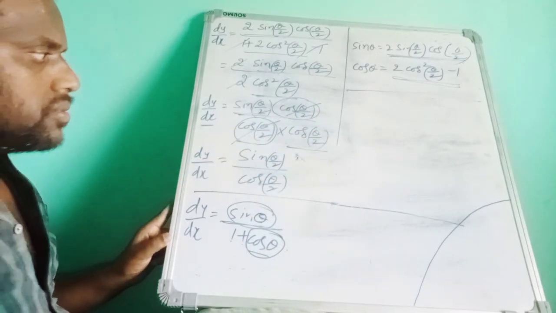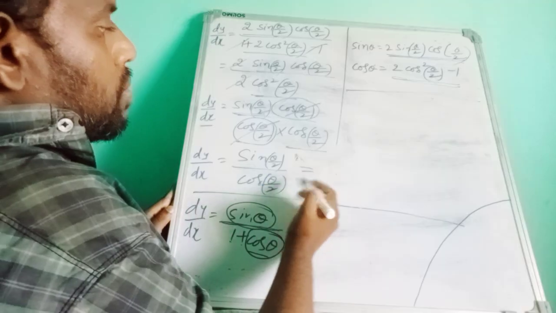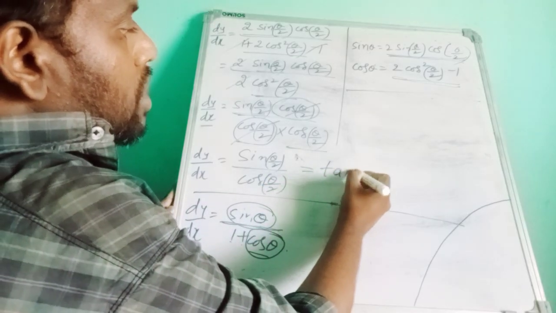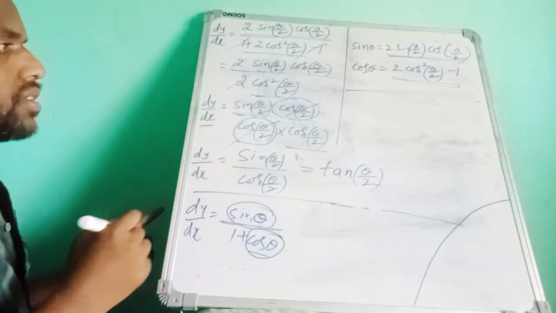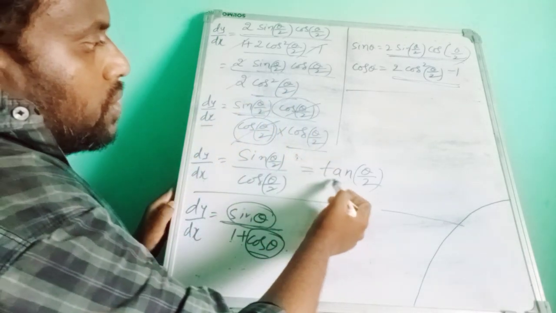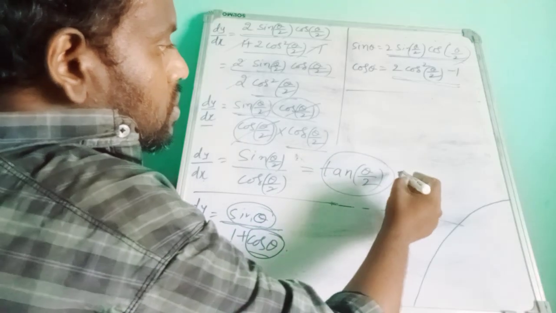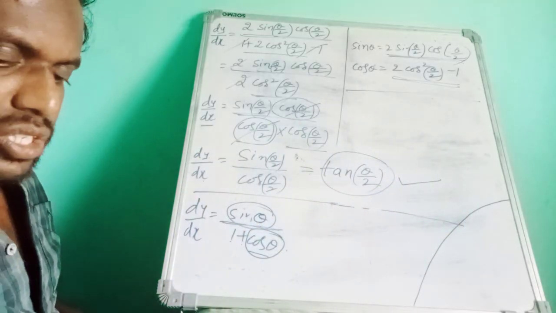Now this, sin theta by 2 over cos theta by 2, is nothing but tan theta by 2. So what we got? Dy by dx is equal to tan theta by 2. So this is the answer. What was the question?